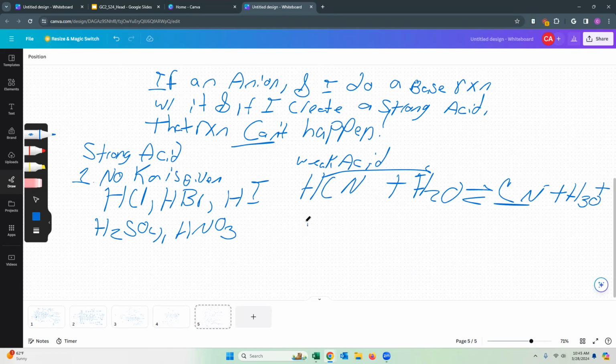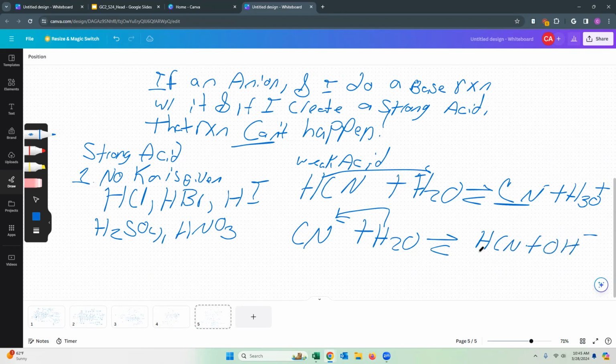So I have an anion. I have a negatively charged anion. So let's see if this can act like a base. So I'm going to react that with water. So I'm a base, so I take a hydrogen from my acid, and I make HCN plus OH minus. HCN is not on our list of strong acids, so this is a possible reaction.